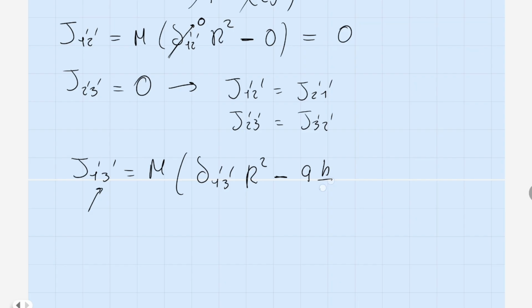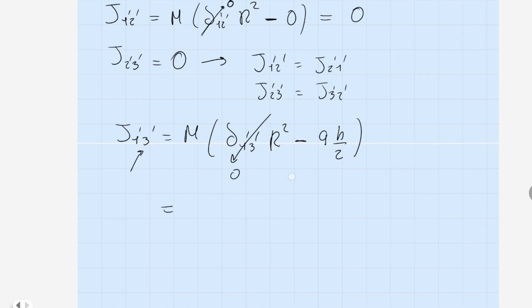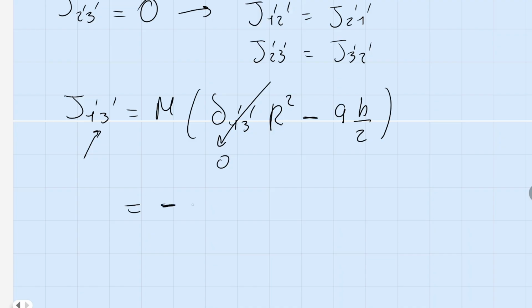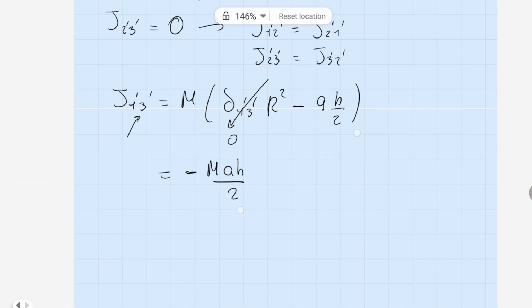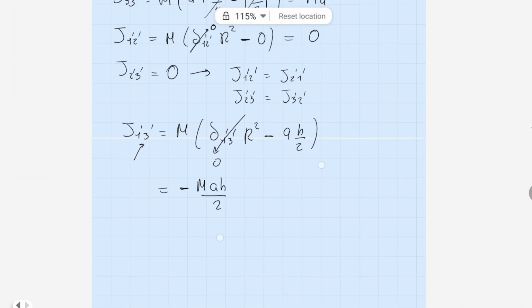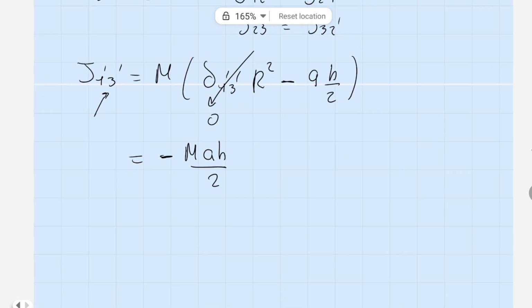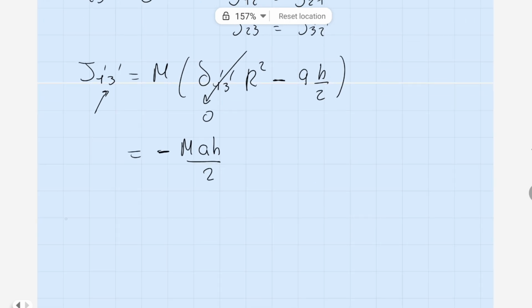It will be h divided by 2. Of course, this is 0, and we are going to get minus the mass times a times h divided by 2. Okay, perfect.